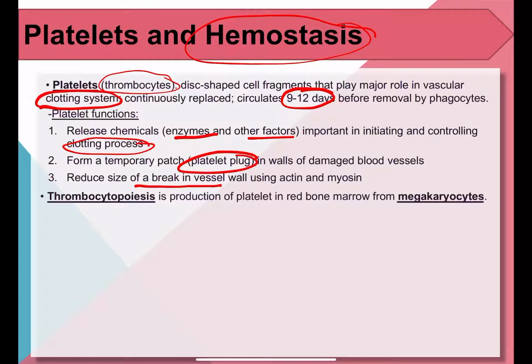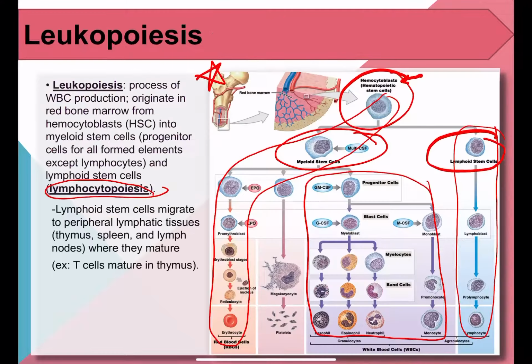So their production, as you saw from the previous diagram, also comes from the hematopoietic stem cell. If we go back to this diagram here, you have the hematopoietic stem cell, myeloid stem cell, and then they will become what's called a megakaryocyte. Megakaryocyte is the precursor cell for platelets, so this I want you to remember.